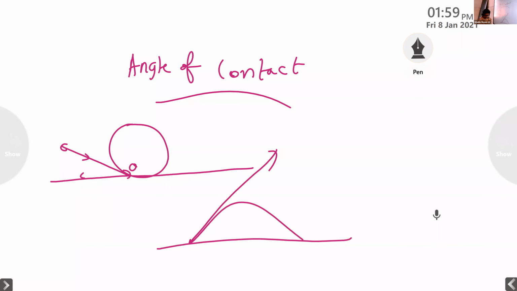This is making an angle here. So this is the angle of contact in the case of a liquid. Depending upon the nature of the surface where the droplets are touching, we can assume there is an angle, and that quantity we call the angle of contact.